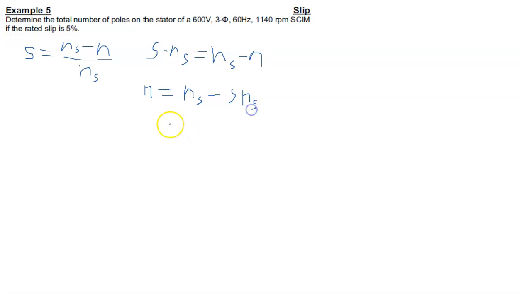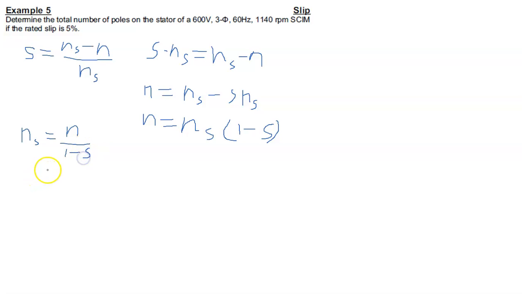Now ns is a common factor, so I can take it out. I think that was where we arrived yesterday when we manipulated that equation. But today we want to solve for ns. So ns is equal to n over 1 minus s.